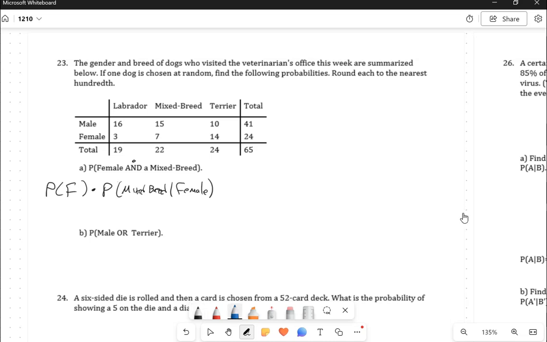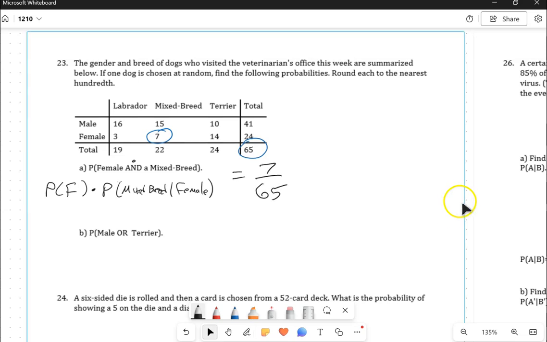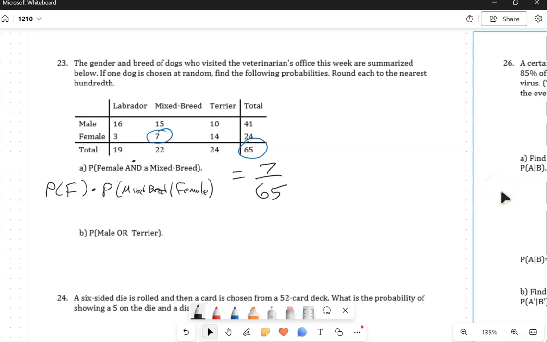I much prefer doing it this way. Find the female mixed breeds. There they are. Total. That's that. Now, probability of female. How many females are there? 24 out of 65.